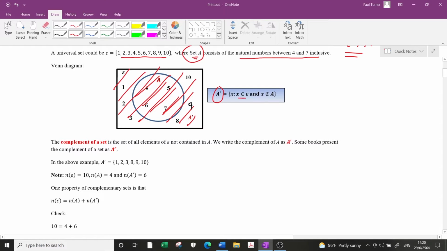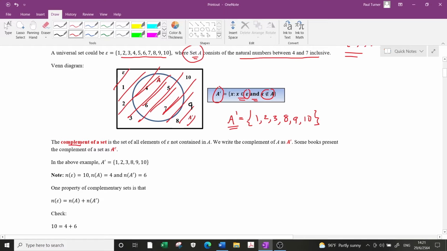They are the numbers which are members of the universe and not a member of A. So they're in the universe, but not a member of A. So in this case, A prime would be the numbers outside. 1, 2, 3, 8, 9, 10. This is called the complement of A.